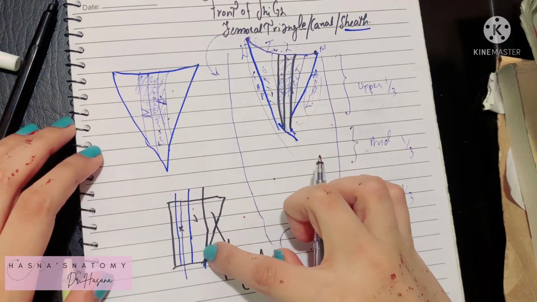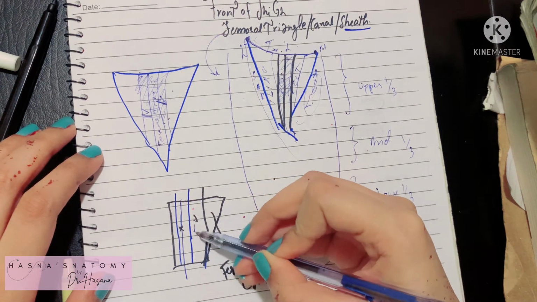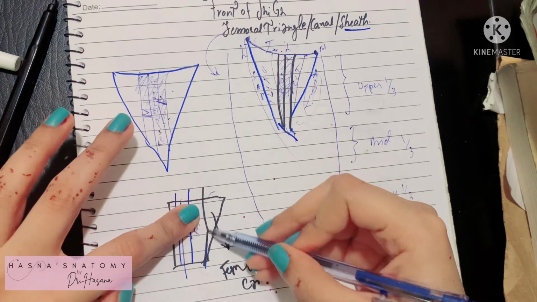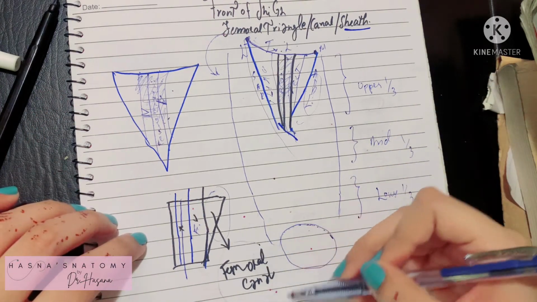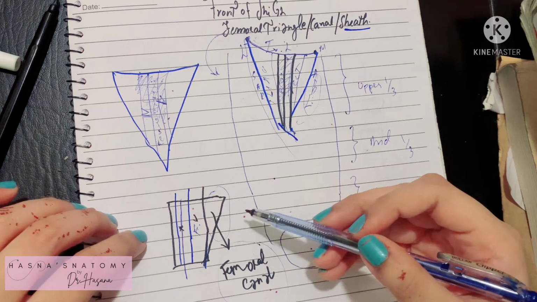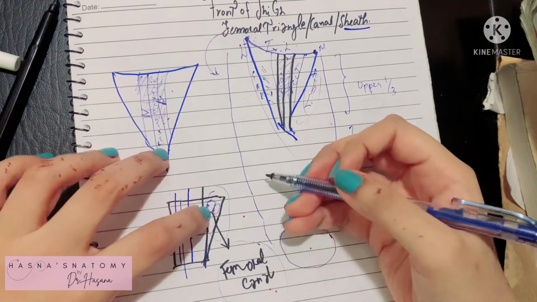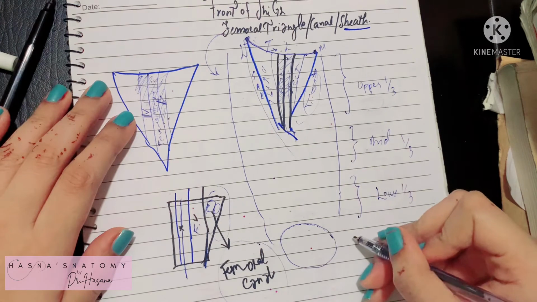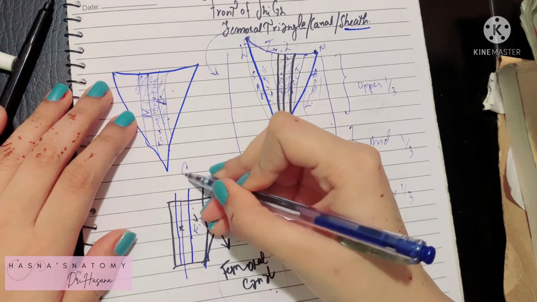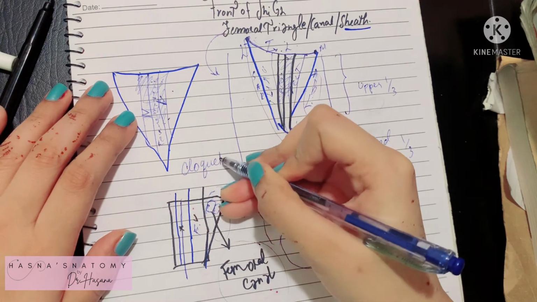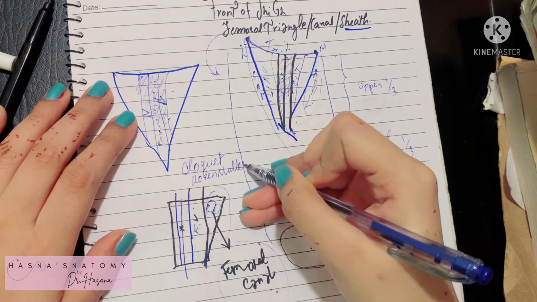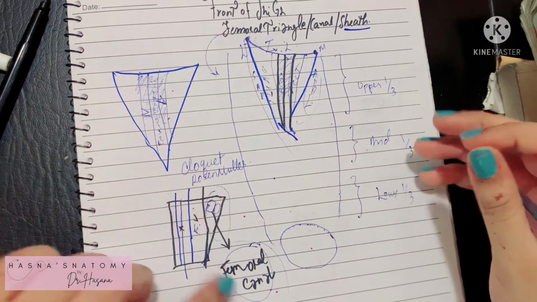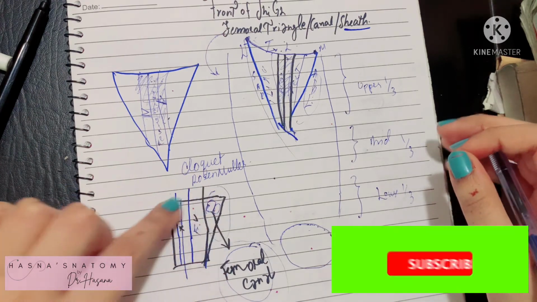The intermediate compartment of the femoral sheath consists of the femoral vein, and finally the most medial compartment of the femoral sheath is known as the femoral canal, and it contains a single lymph node known as the lymph node of Cloquet or the lymph node of Rosenmuller. This is lying in the femoral canal, which is the most medial compartment of your femoral sheath.